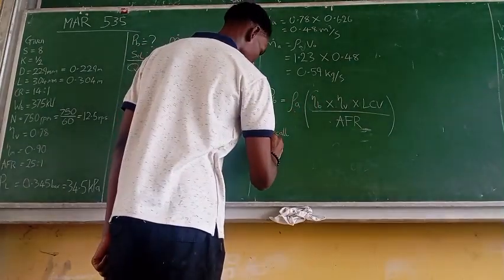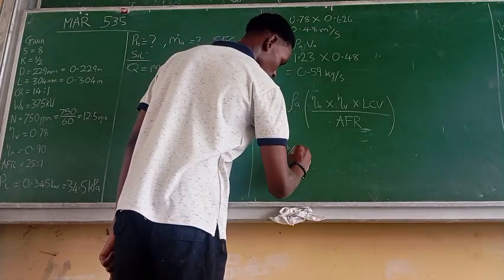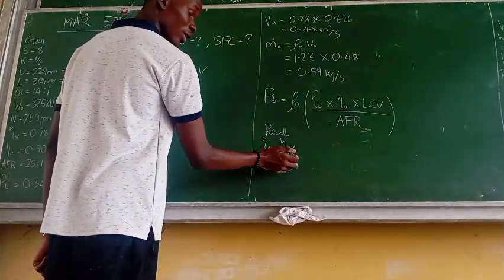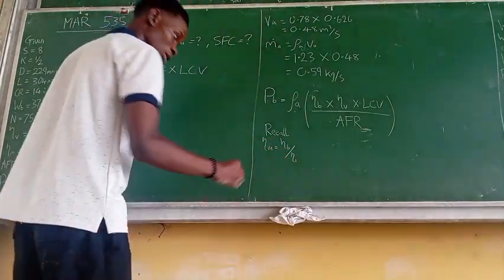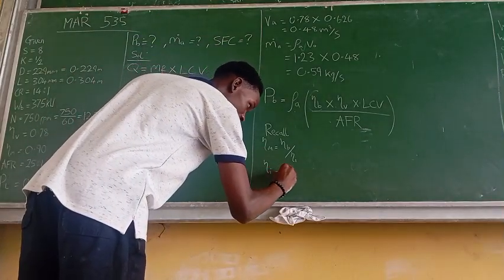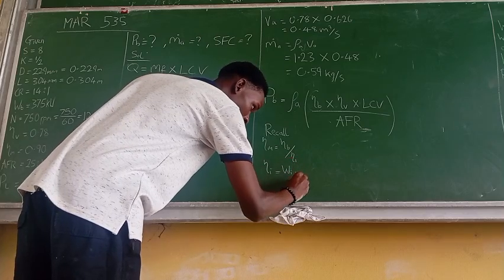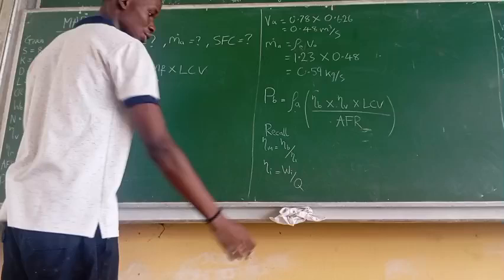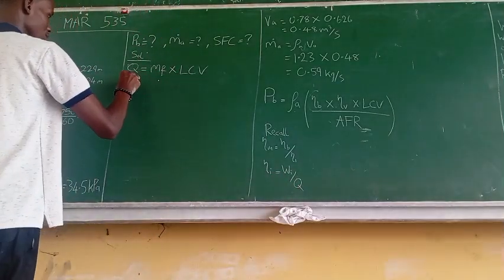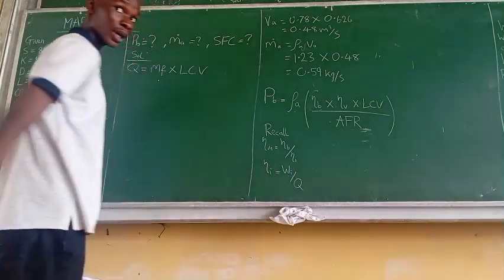Mechanical efficiency is equal to your brake thermal efficiency over your indicated thermal efficiency. We don't have our indicated thermal efficiency, so we can't use this formula. But we know that our indicated thermal efficiency is equal to our indicated power over Q. We know that Q can be gotten from MF times LCB. But even if we get that, what about our WI?